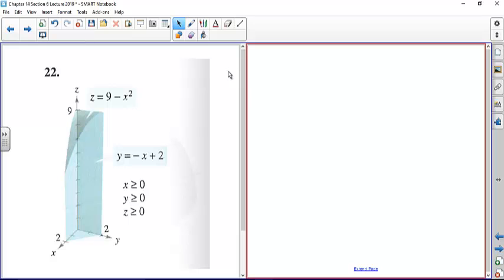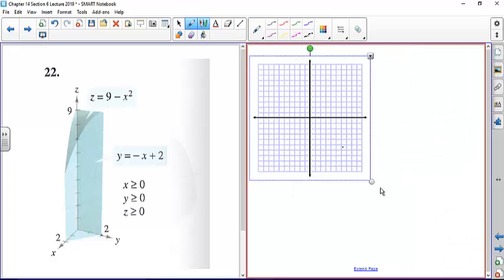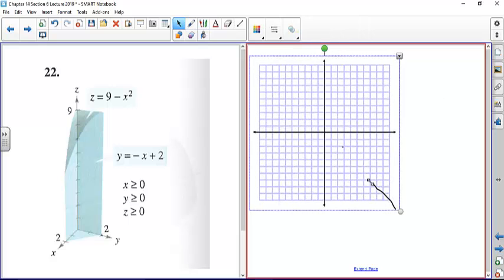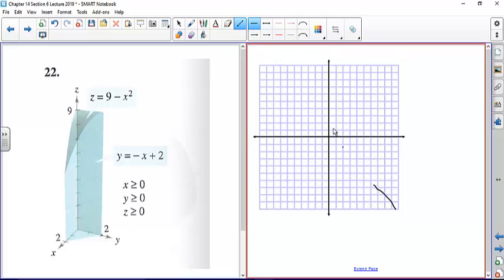Okay, so here we go, 22. It looks like, again, doing x, y, and then z makes the most sense. If we look in the xy plane, we've got a triangle that runs from y equals positive 2 to x equals positive 2.